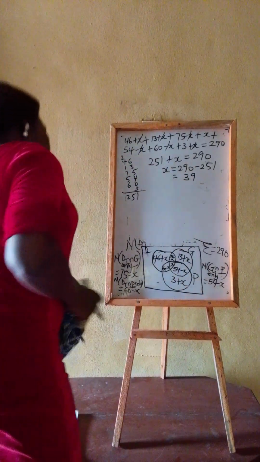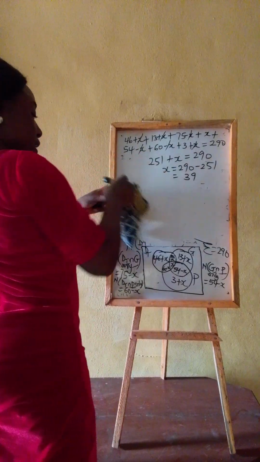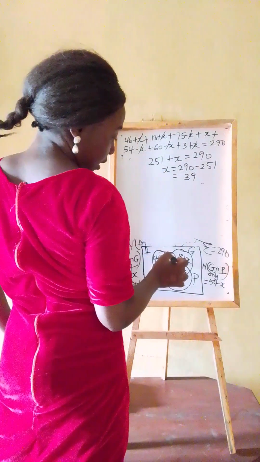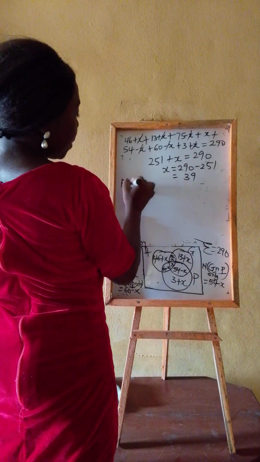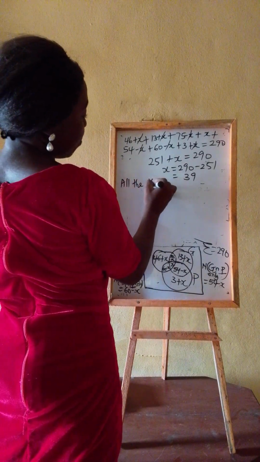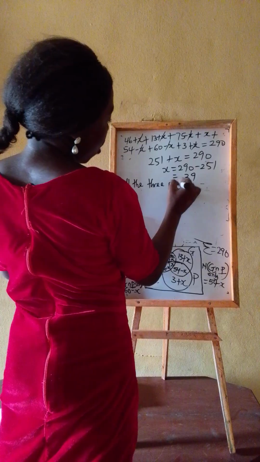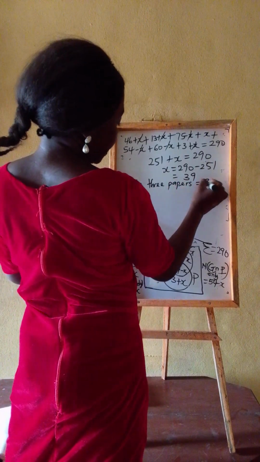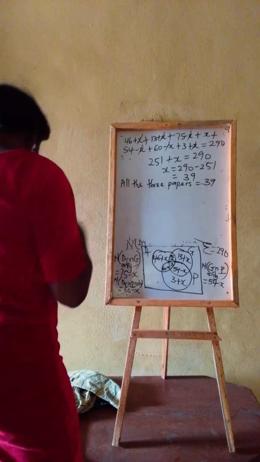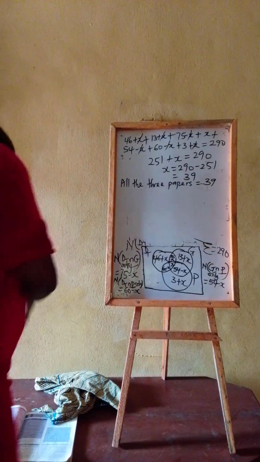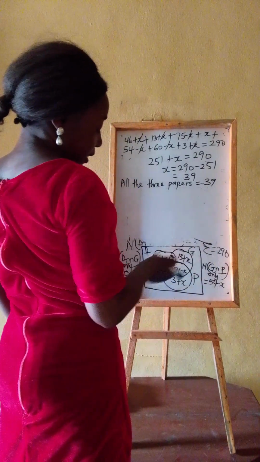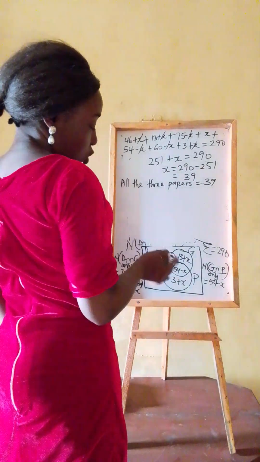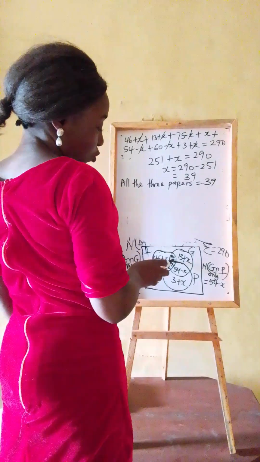So we have all the three papers. You can see it intersects the three papers. So all the three papers equals 39. They said exactly 2 papers. So you check where we have 2.